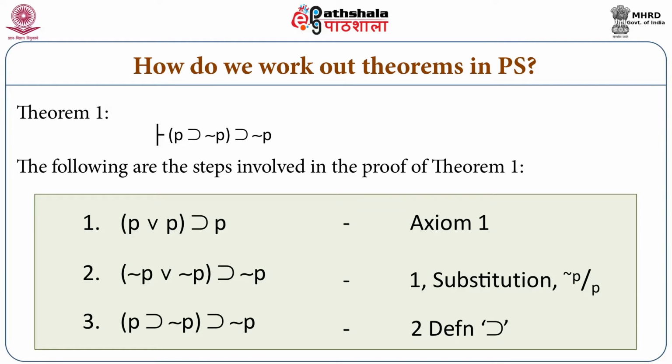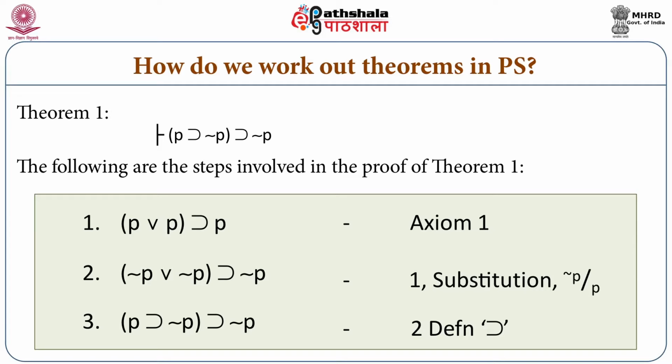We begin with an example. Let us try theorem number 1, which says syntactically entail P implies not P together implies not P. Given our axioms and our transformation rules, how do we derive this theorem? Now we can look at this one.